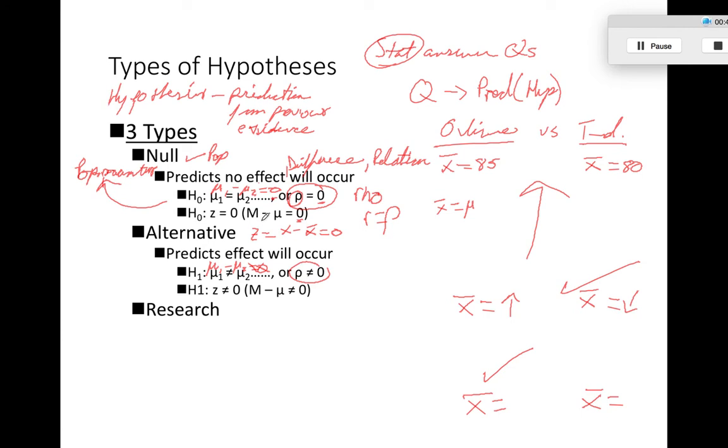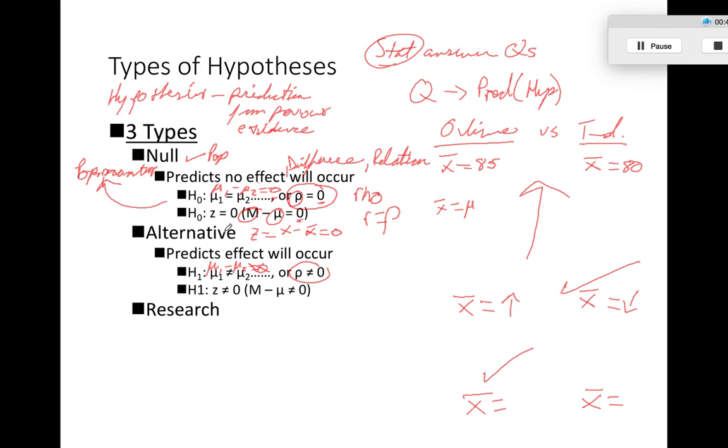In other words, out there in the population, my mean should be equal to X value. In my sample, my average should be equal to the mean. So my sample mean is equal to the population mean, thus the difference between those two values would be equal to 0. That's ultimately what we're trying to say here in our particular case.